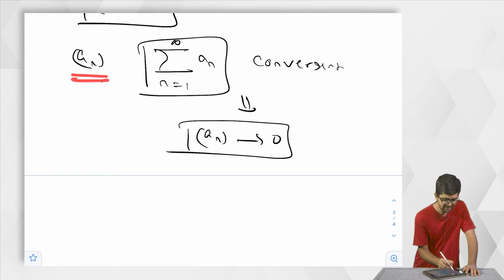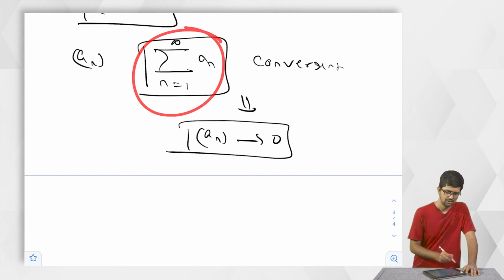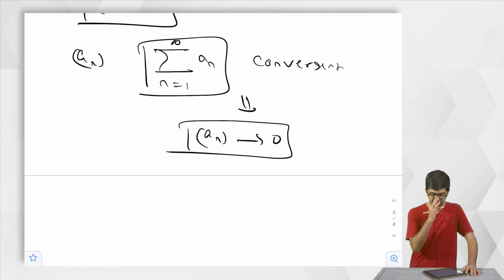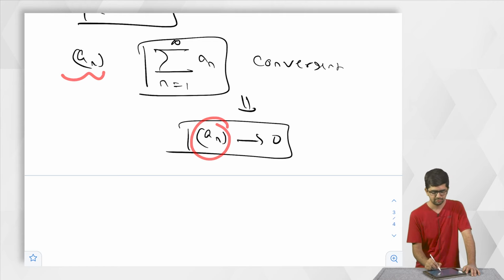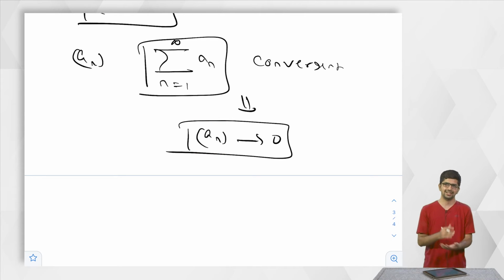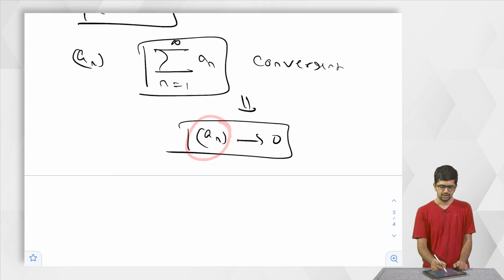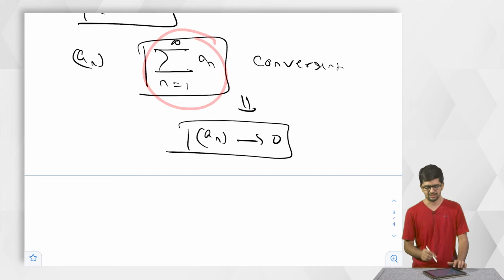So given a sequence a_n, if the series is convergent, which means the sequence of partial sums is convergent, then the sequence that we are starting with should converge to 0. We got some information about the sequence a_n, knowing that this series is convergent.